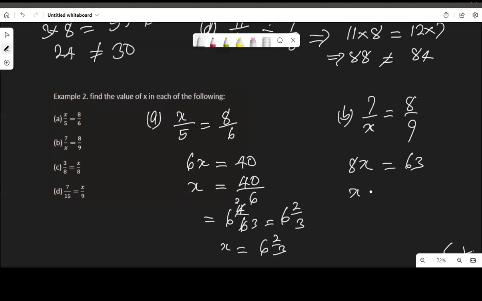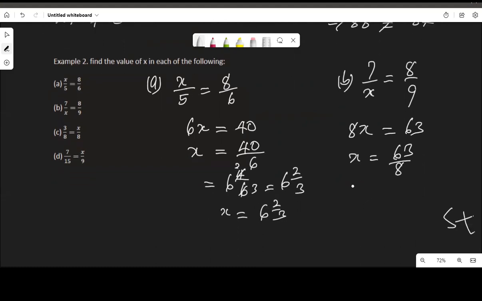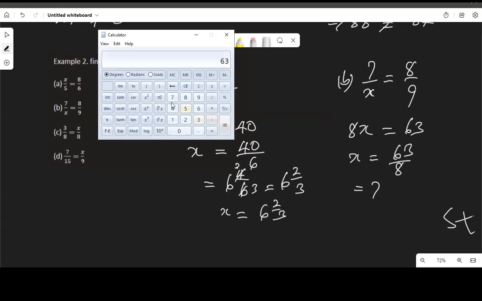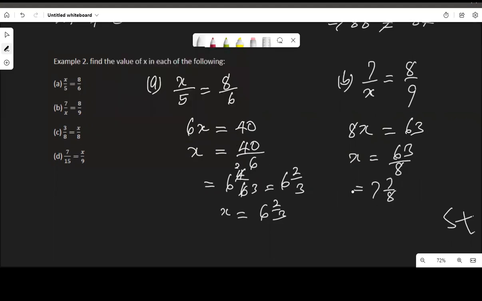To get the value of x, we divide both sides by 8. 63 divided by 8 should be 7 remainder 7. 7 times 8 is 56, and 63 minus 56 is 7. So x is equal to 7 whole number 7 over 8.